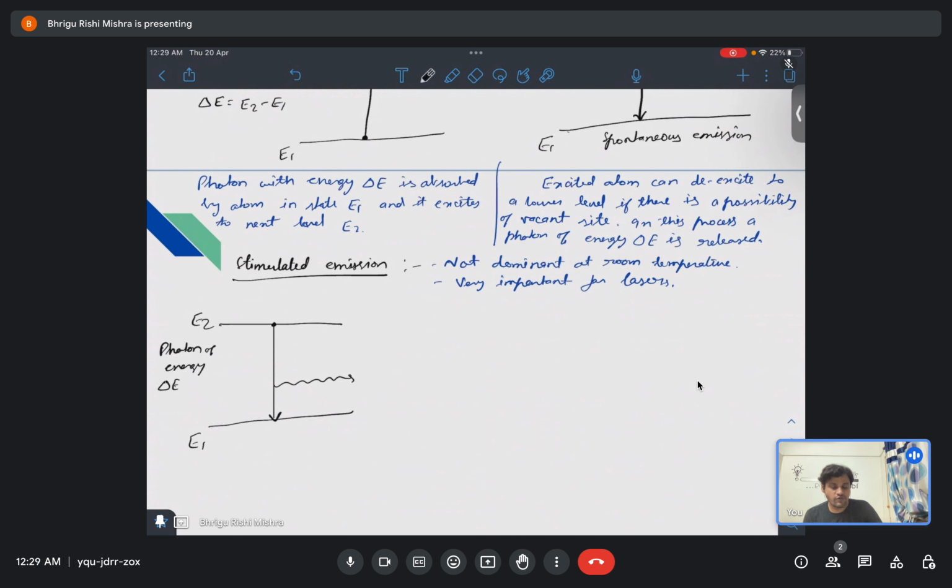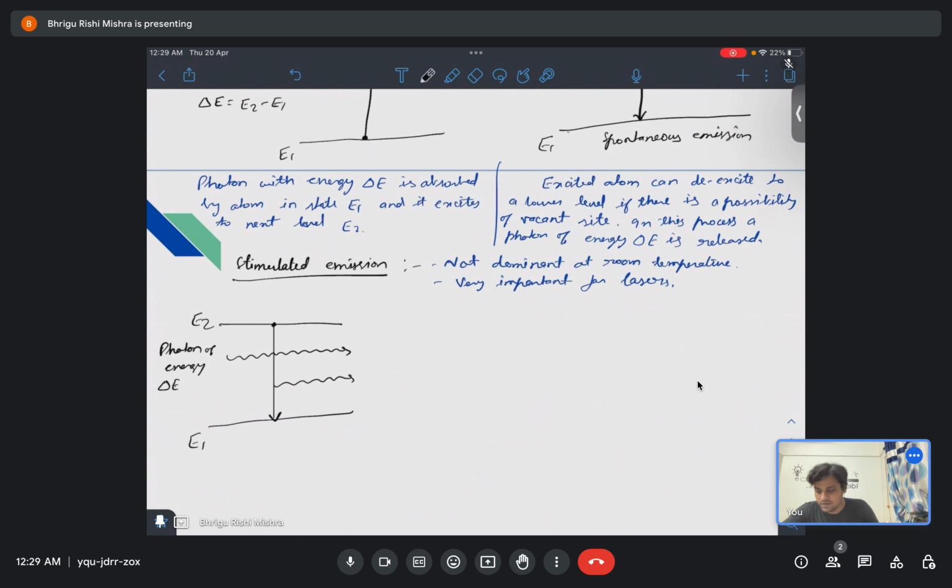Since the photon of energy delta E is not absorbed by the atom, we will have this incident photon also.